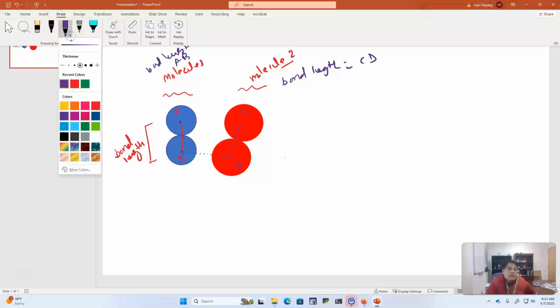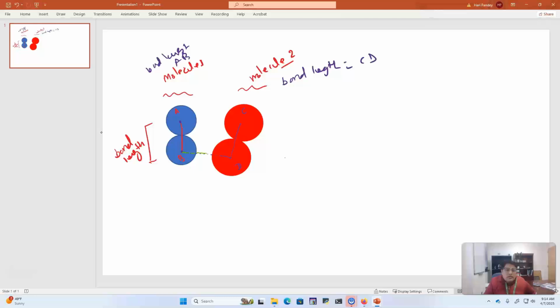Let me take another color. This is the distance between the centers of these two atoms, and this is the distance between the centers of those two atoms.